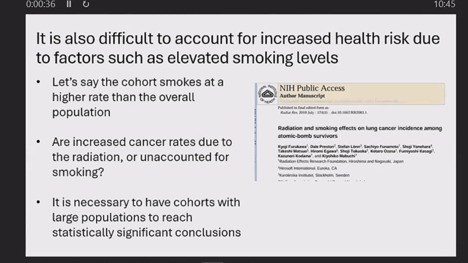Let's say the cohort smokes at a higher rate than the overall population. Are increased cancer rates due to the radiation or due to unaccounted-for smoking? It's necessary to have cohorts with large populations to reach statistically significant conclusions.